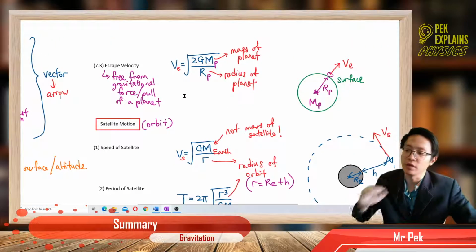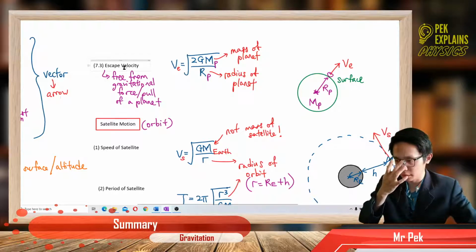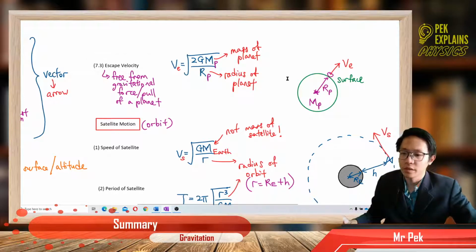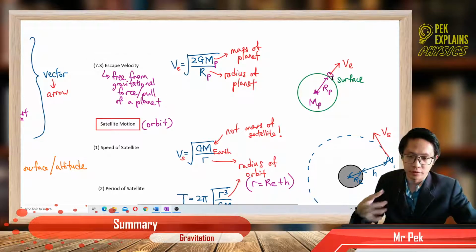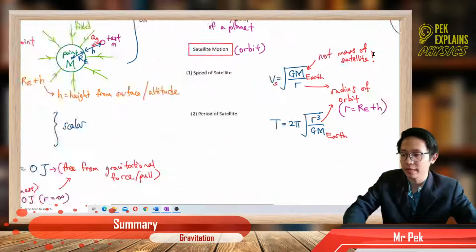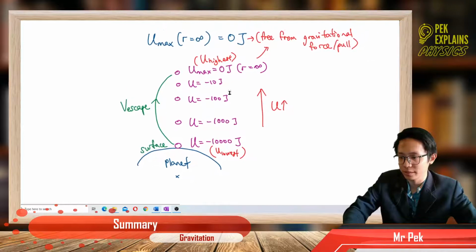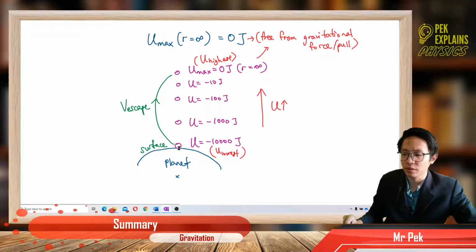Okay, now escape velocity. What is meant by escape velocity? Escape velocity is when you are at the surface of a certain planet and you want to escape from the gravitational pull, like what you see here. The object is on the surface. You want to go from most negative at the surface to the infinite distance where U equal to 0.